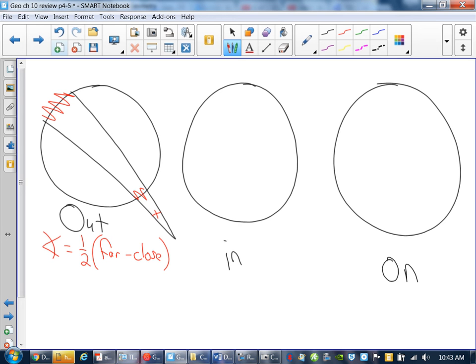So think of it this way. If your angle is so far away, which means it's outside the circle, and you want to get that circle closer to you, you're going to grab it and subtract the distance.